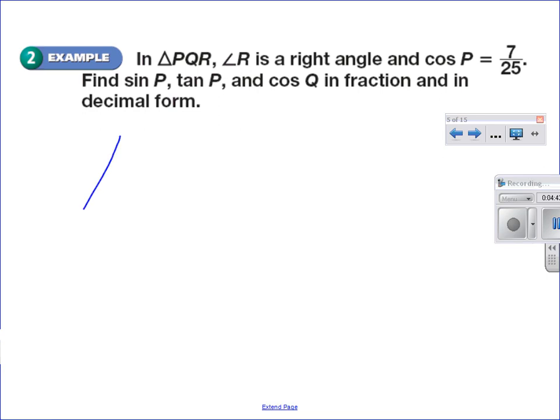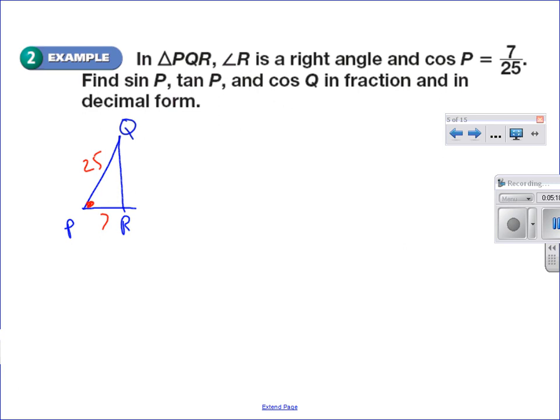There's a 7 and a 25, so something that's a little bit shorter, and that's going to be P to R. This is going to be Q here. It says the cosine of angle P, which is right here, is 7 over 25. So I put those sides in there. That's my adjacent over my hypotenuse.